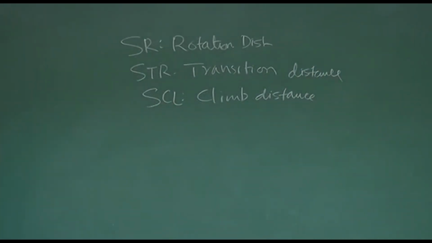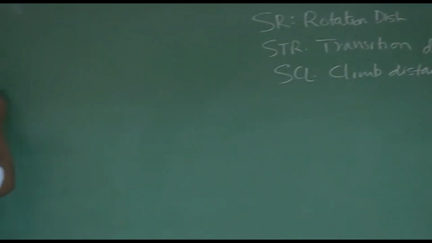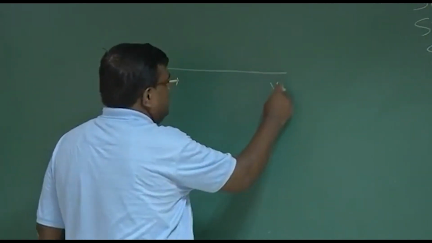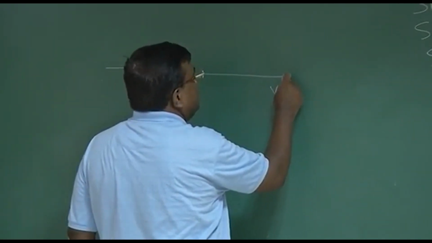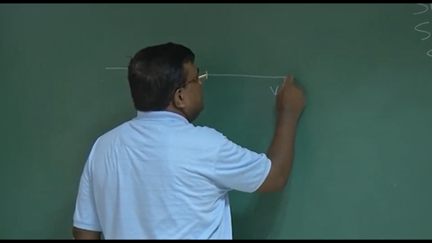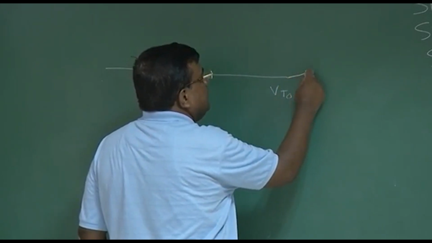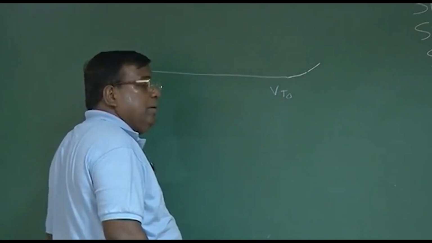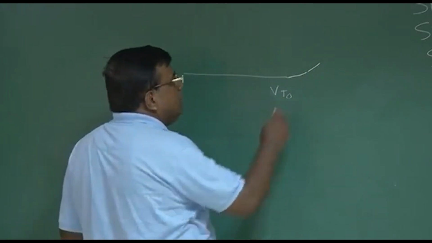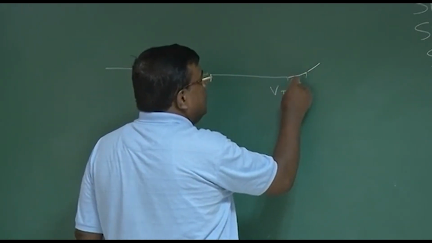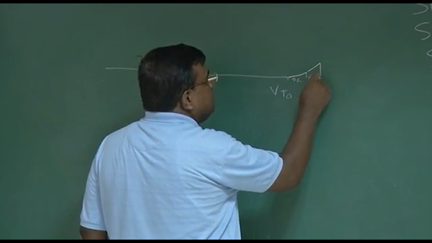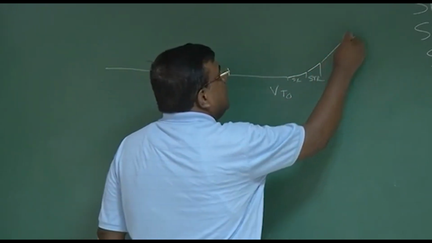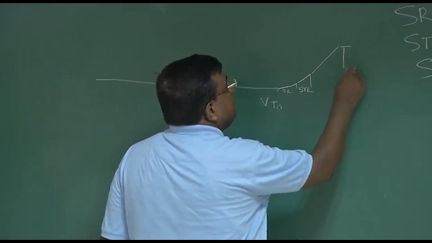What are all these? We know that the airplane starts from here, comes to a stage where it is at V takeoff, then rotates the airplane for 3 seconds, then there is a transition where the pilot tries to arrange for climb. So this is SR, this is transition, STR, and then there is a climb, which is 15 meters.